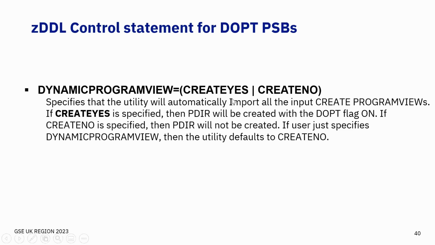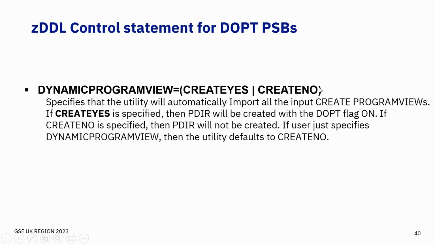Create yes, what's the difference in create yes and create no? Create yes says, yeah, go ahead and create these PSBs as DOP PSBs, but in the PSB directory in my IMS online system, create an entry for this PSB and turn the DOP flag on.